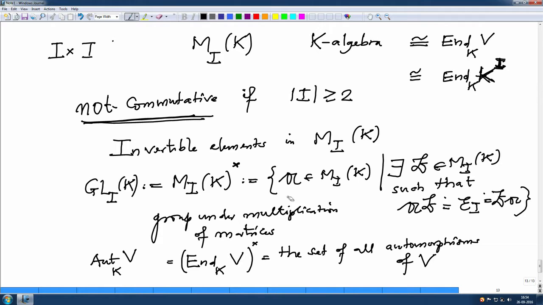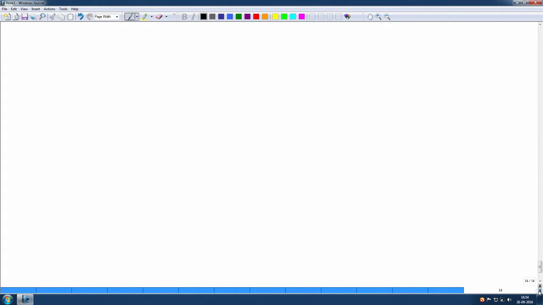If one wants to check quickly, then after one or two lectures I am going to introduce the concept of determinant, and the determinant will easily check whether the matrix belongs to GL_I or not, at the cost of the computation of the determinant. So, this I will do when it is necessary.